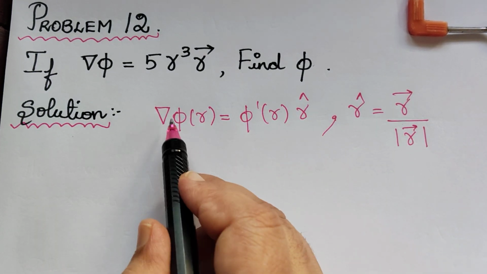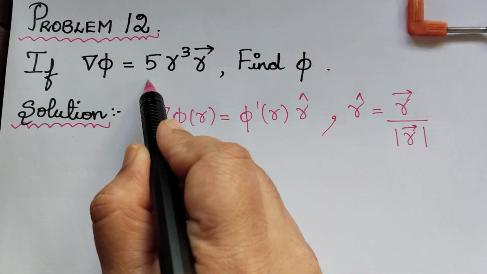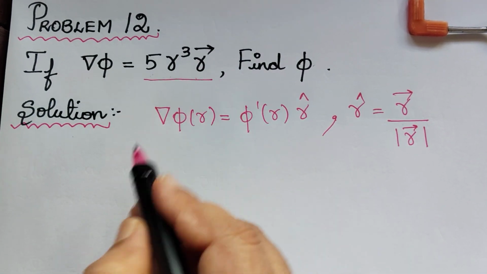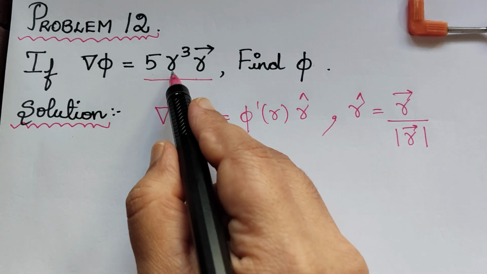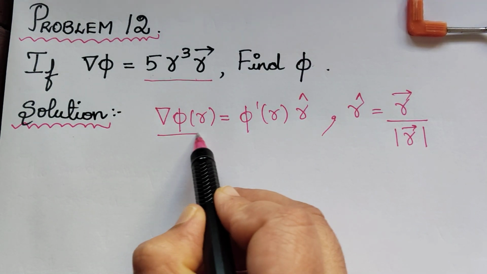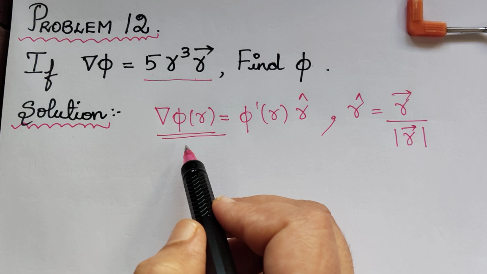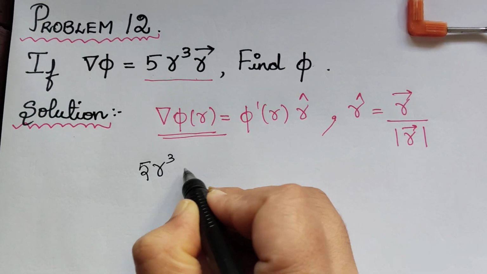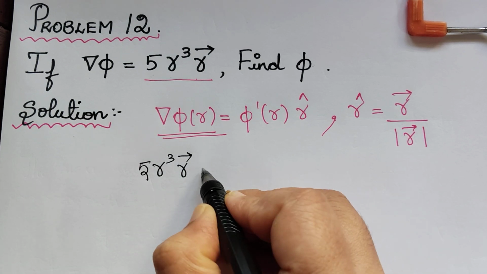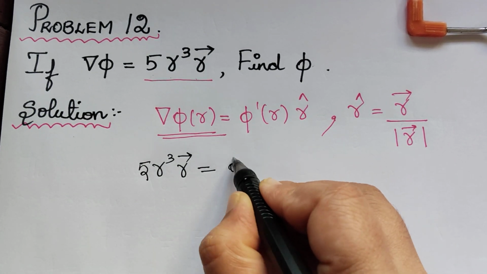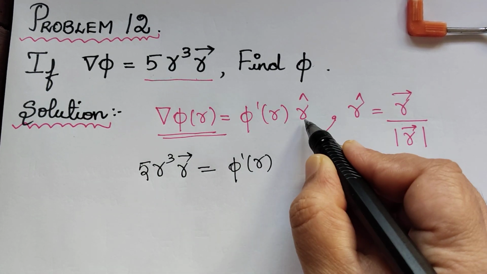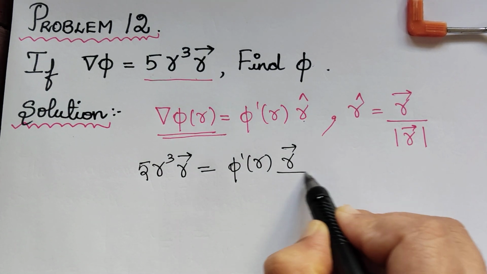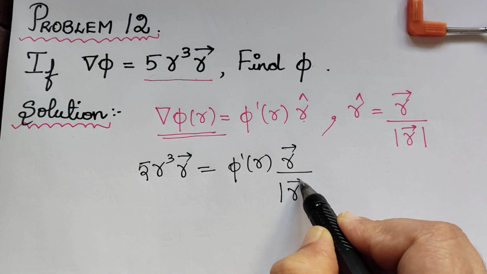Now we shall substitute nabla phi that is given in our question. It is given that it is equal to 5 r cube r vector. So when we substitute that value over here, instead of nabla phi of r, what we get is 5 r cube r vector is equal to phi dash of r, and instead of r cap we can replace it by r vector divided by modulus of r vector.